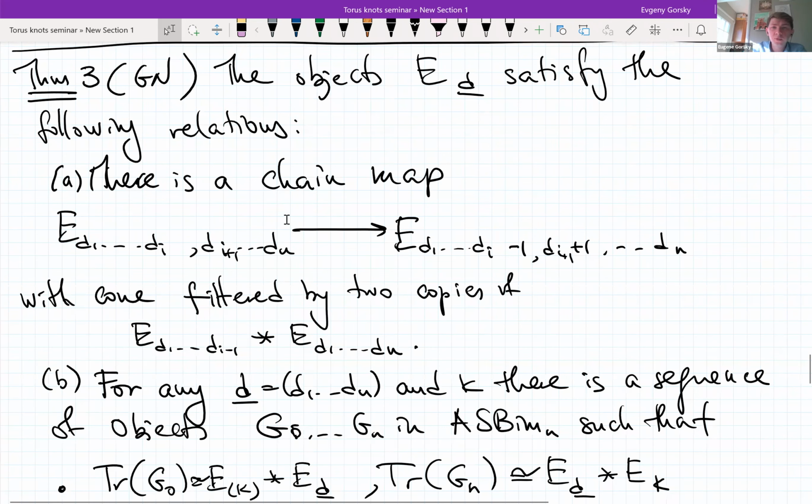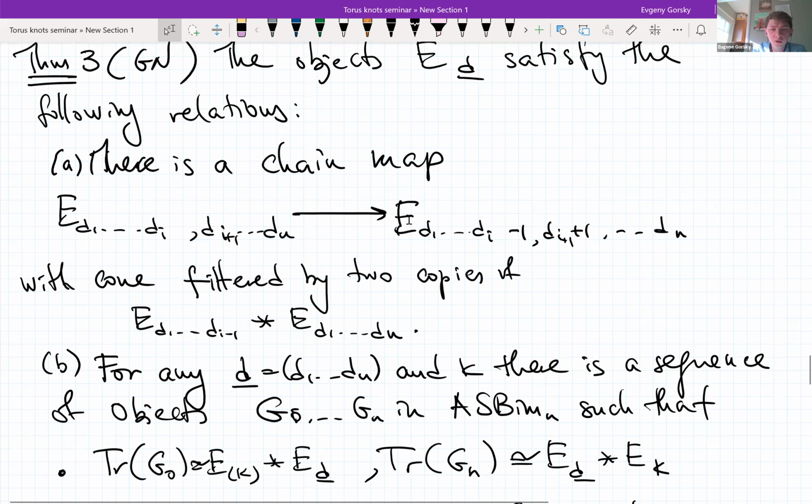So there are two types of relations. The first relation is there is a chain map from this guy to this guy. And the cone is filtered by two copies of the skein product of E_{d1,...,d_{i-1}} and E_{d1,...,dn}. And we can write this chain map explicitly.